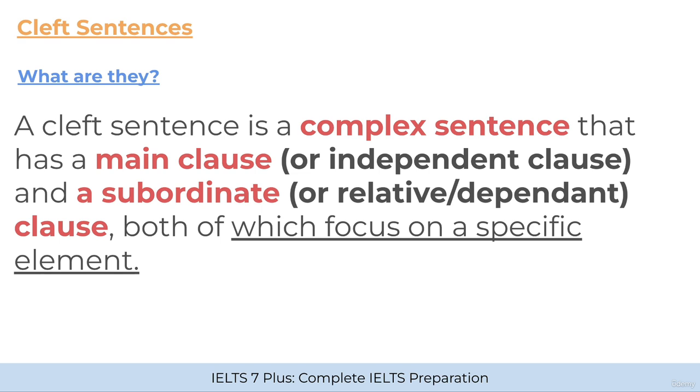So terminology is really key here because this can be confusing to students, the different words for the different parts of grammar. But subordinate, relative, dependent, all interchangeable. And in this, both of these, so a subordinate clause and a main clause, focus on a specific element.